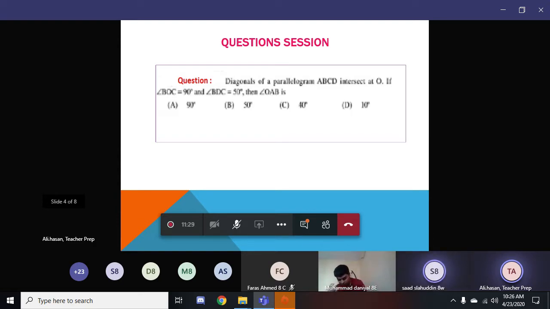I mean to say the diagonals AC and BD, the point where they cut, mark it as O. Then further it states that angle BOC is 90 degrees and angle BDC is 50 degrees. So just mark angle BOC as 90 degrees and BDC as 50 degrees. So be quick, beta. Answer is 40.